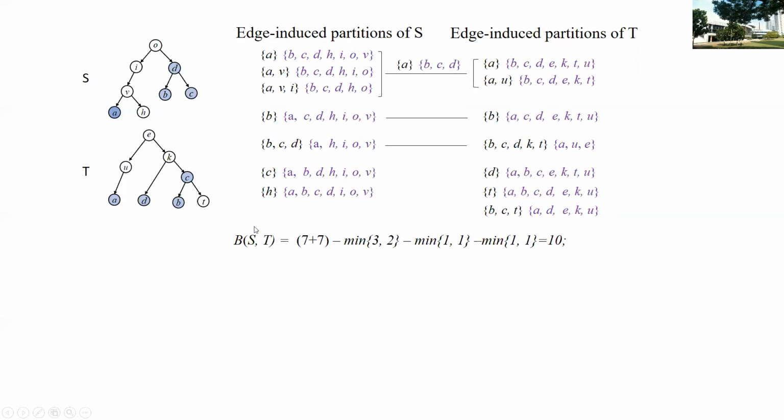Therefore, by definition, the bark distance between S and T is equal to 7 plus 7, minus these 3 terms. The first negative term accounts for this factor, then this term accounts for this factor, then this one for this factor. So the bark distance between these two trees is equal to 10.